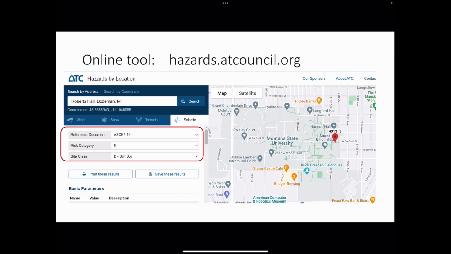Make sure that you pick the right one because it will change the values if you pick a different one. Risk category, we have to enter that just to get the results. Site class, same thing. Those lower two items actually have nothing to do with the mapped values. They're independent. But we still need to input them into the program because the program calculates a lot of other things for us.